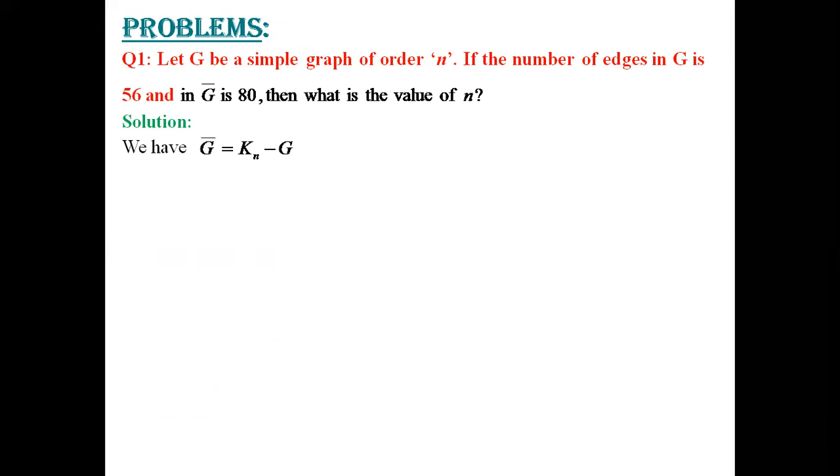We have G complement is equal to Kn minus G, where Kn is nothing but the complete graph with n vertices.